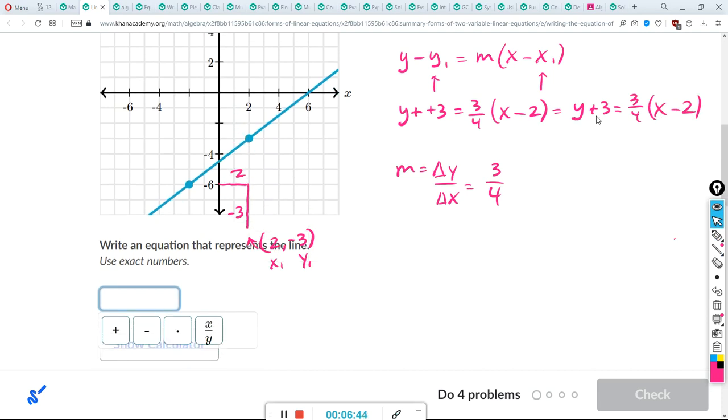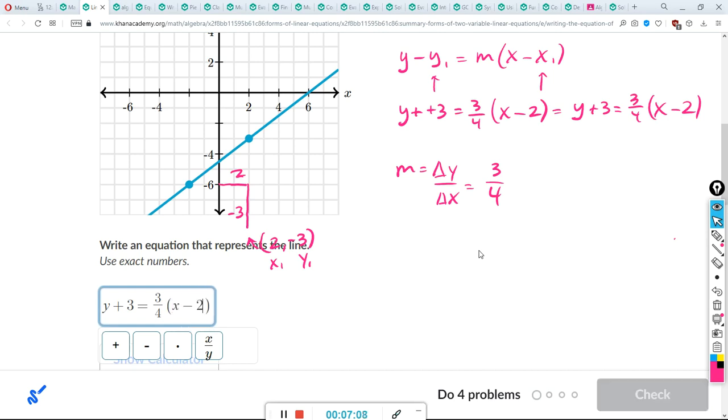First type y plus 3 equals, then the 3/4, 3, hit the fraction button, 4, click it again, and type parentheses x minus 2.